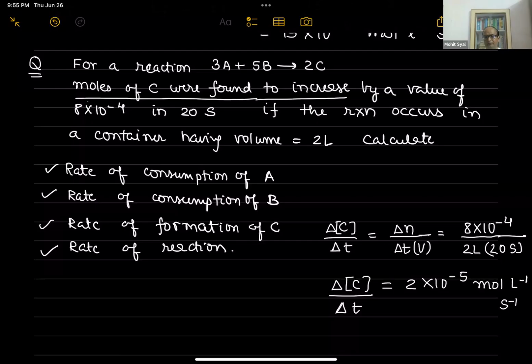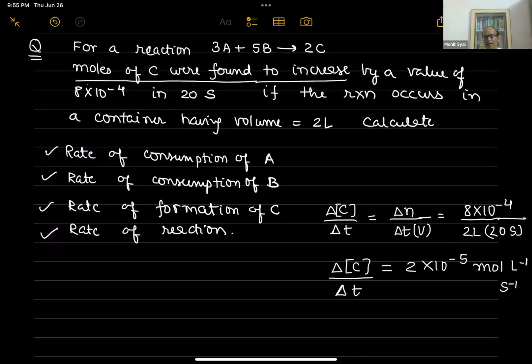To connect them and make them equal to the rate of the reaction, I told you, you need to divide each individual rate by its stoichiometric coefficient.